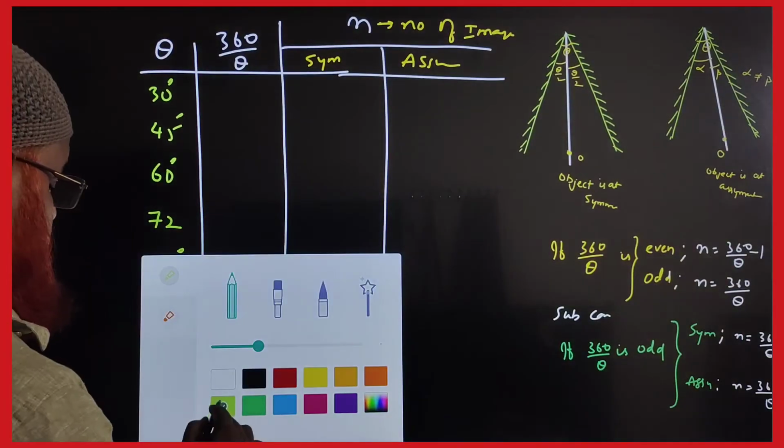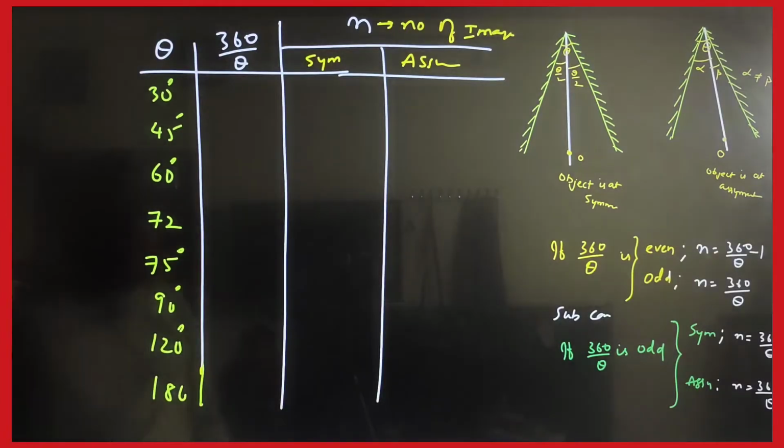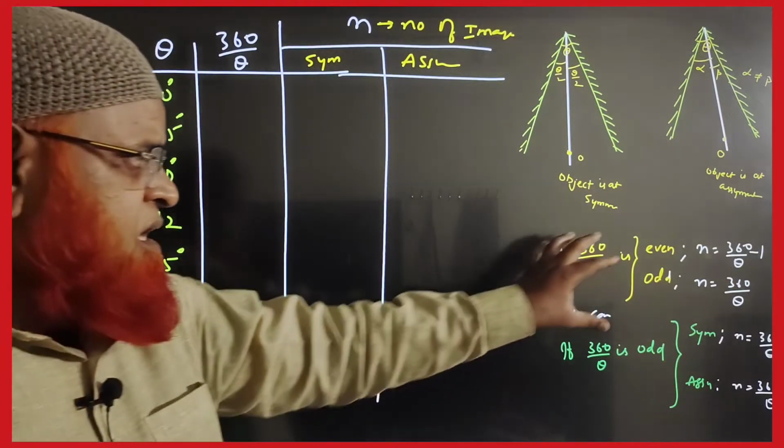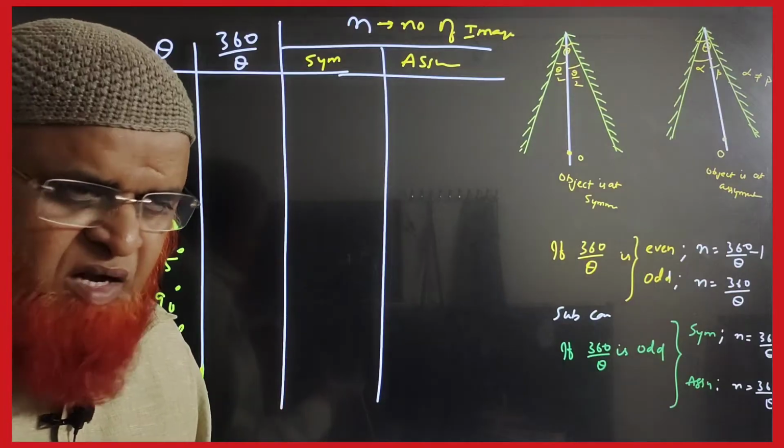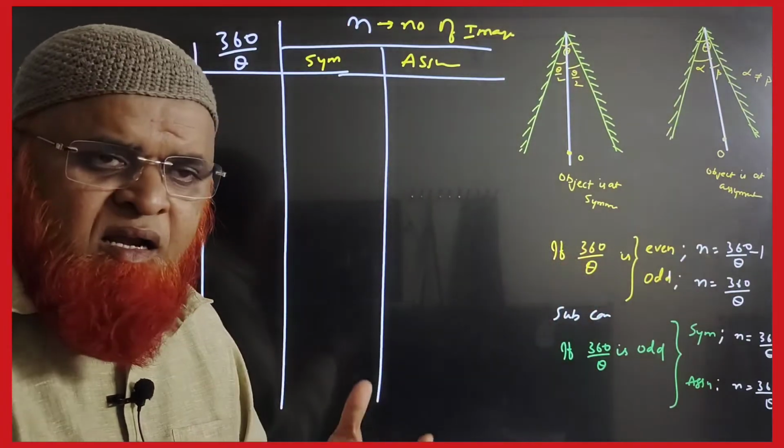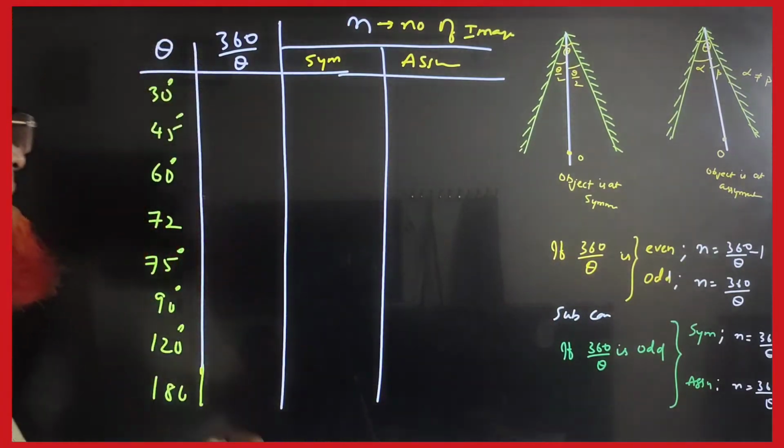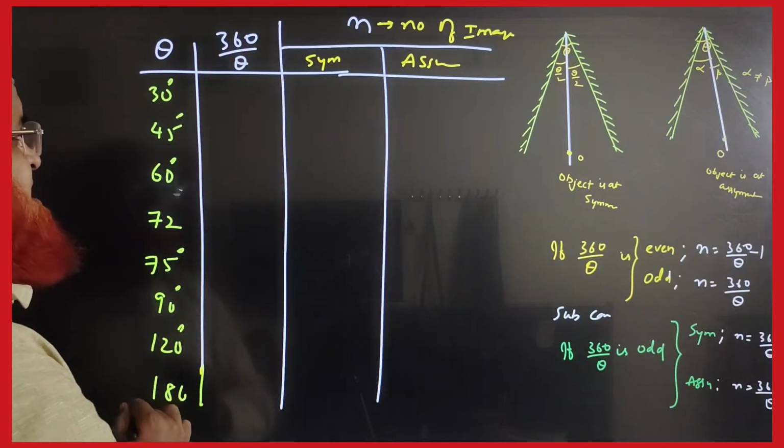So these many cases we are dealing with. According to this condition, whatever the angle is given, we just divide 360 by that angle. We shall fill this row now.